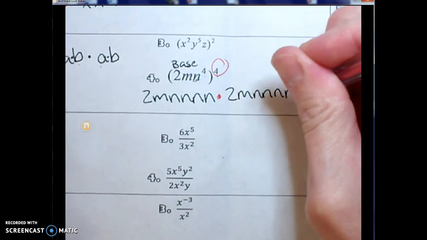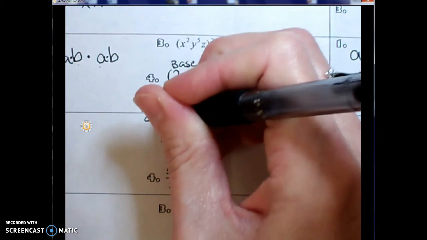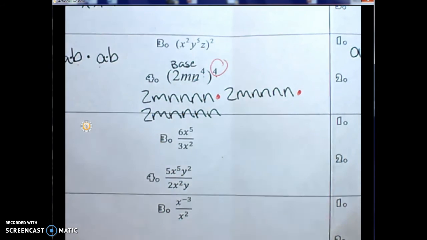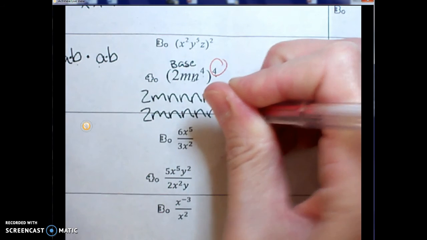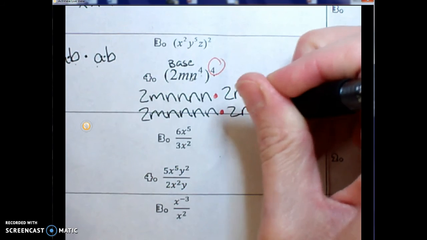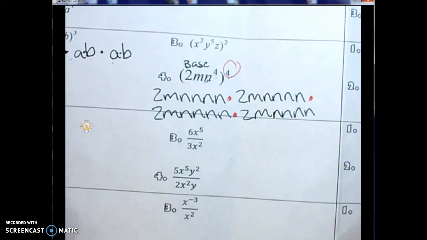I'm going to list it a third time, and I'm going to make my list underneath because I ran out of space across. So a third time, I have 2mn to the 4th. I have to do it one more time because we were supposed to have 4 sets. So I have 2mn to the 4th. Hope if I write them all.